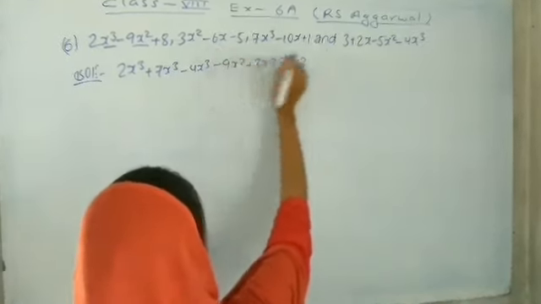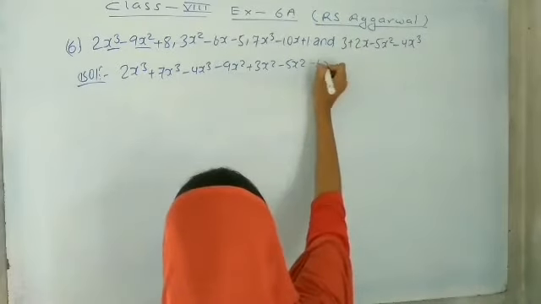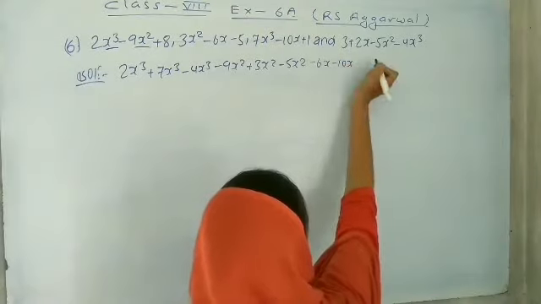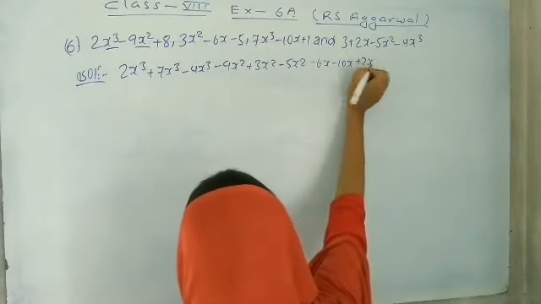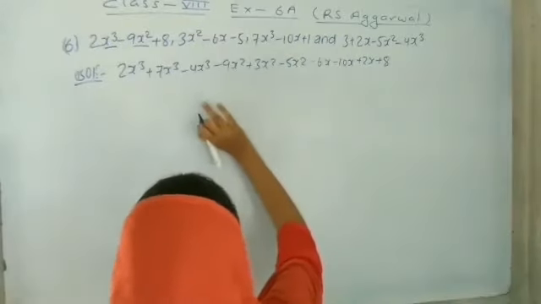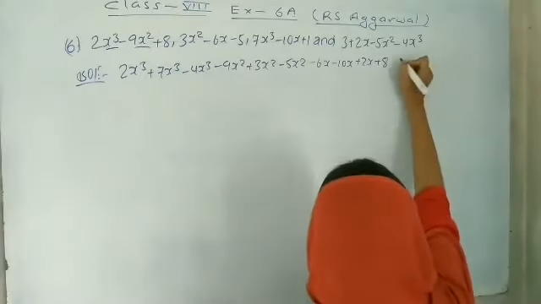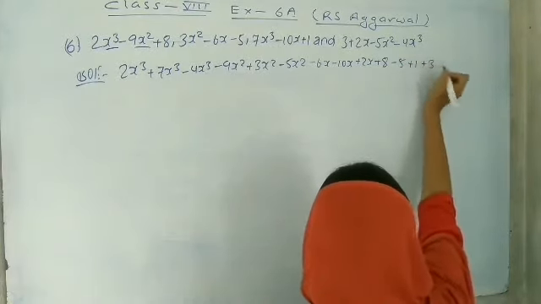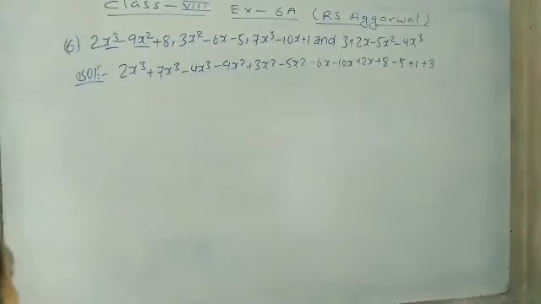And x: minus 6x, minus 10x, and plus 2x. Here is plus 8, and here is minus 5, plus 1, plus 3. Now solve them.